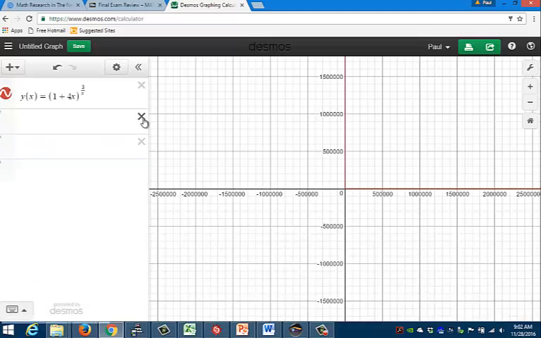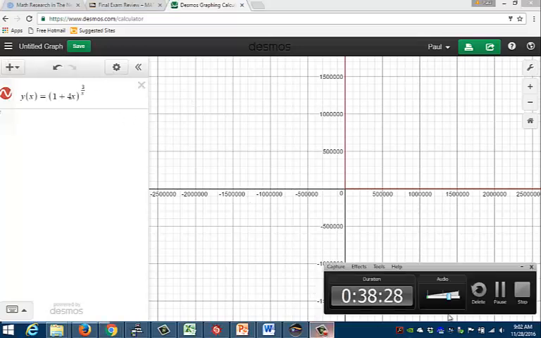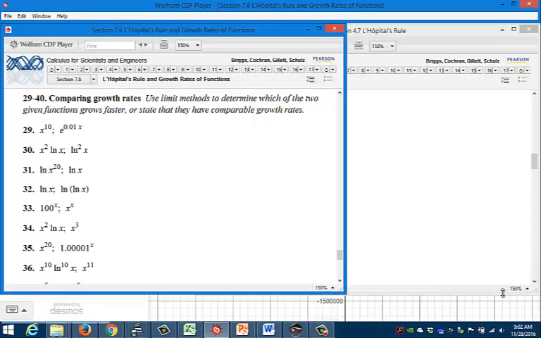But we can compute the limit using L'Hopital. Interesting. So I'm going to do, let's see, as I look at these, I'm interested in problem 34.